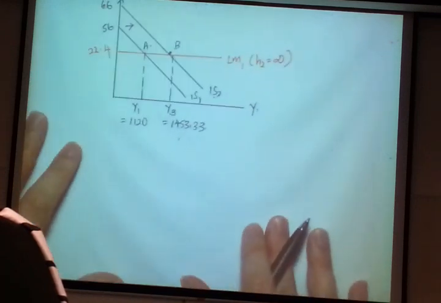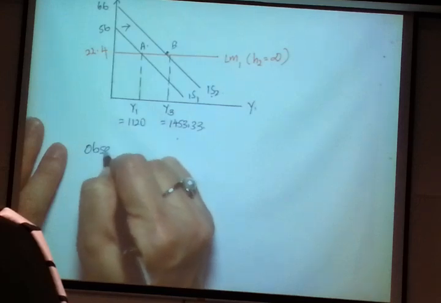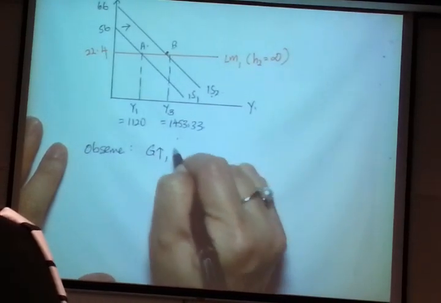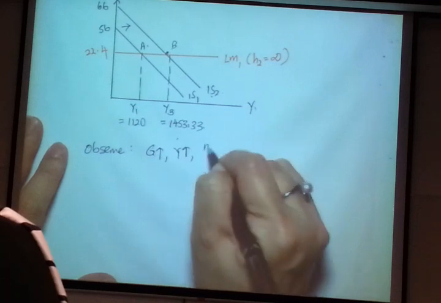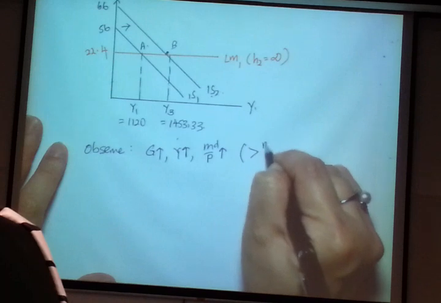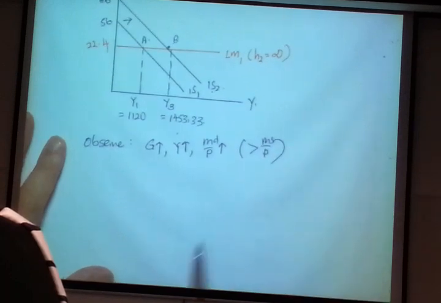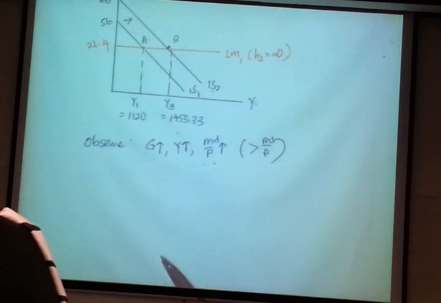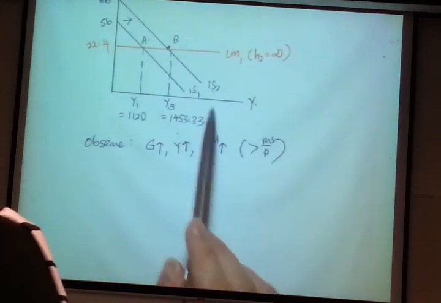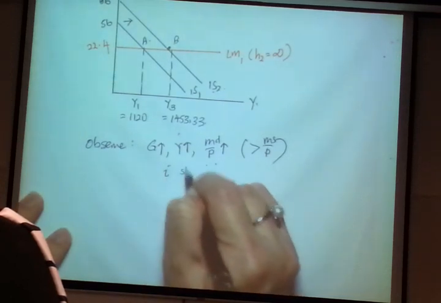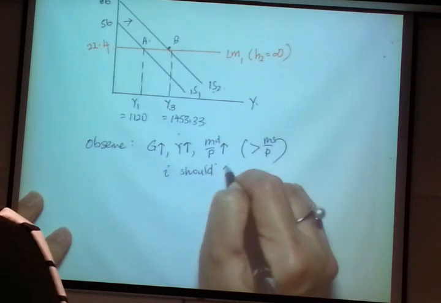So in this case, you will tell the examiner, G increases, Y increases, money demand goes up, which means it's more than money supply. Remember, you cannot see money demand and money supply in IS-LM. It's an intuition that you understand from the background analysis. So the interest rate should increase.